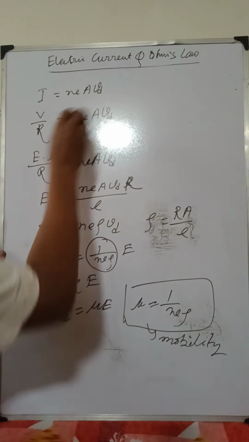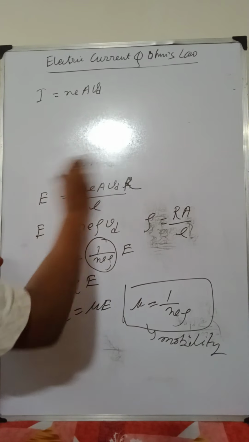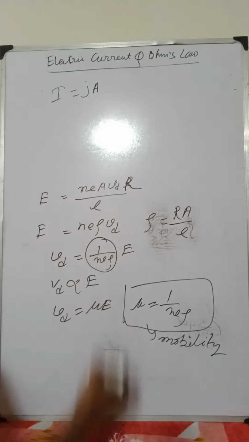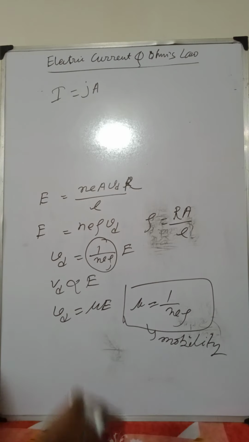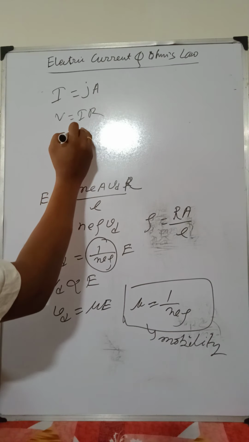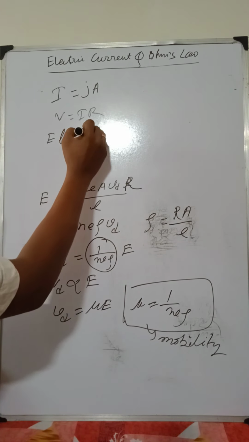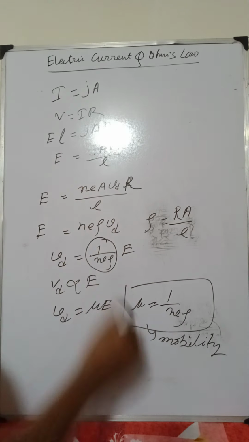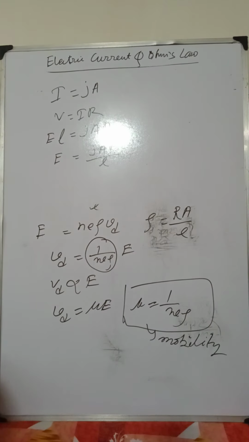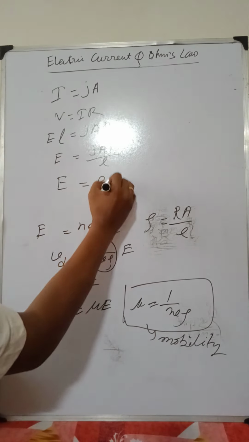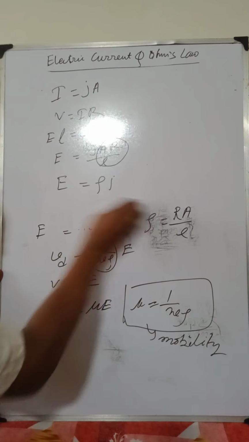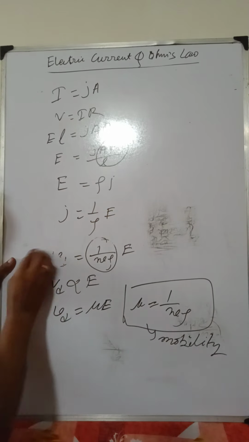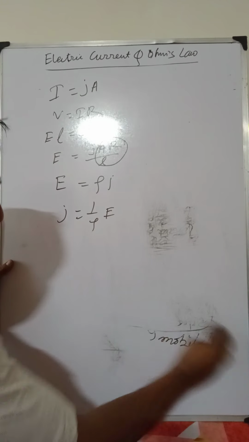Now again, I equals J into A, current density into area, because J equals I by A. Again from Ohm's law we can write V equals I R. Now if we write V as E L and I as J A, we get E equals J A R by L. Again, A R by L is rho, so we can write E equals rho into J. So again we can write J equals 1 by rho into E. 1 by rho means sigma, the conductivity.